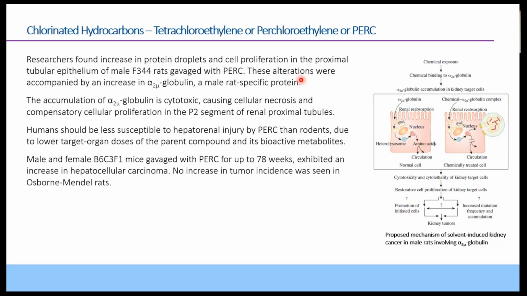These alterations were accompanied by an increase in alpha-2 mu globulin, a male rat-specific protein. So we know that this alpha-2 mu globulin is present in male rats only, and this is not present in humans. So any toxicity which is related to this protein has no translation value in humans.